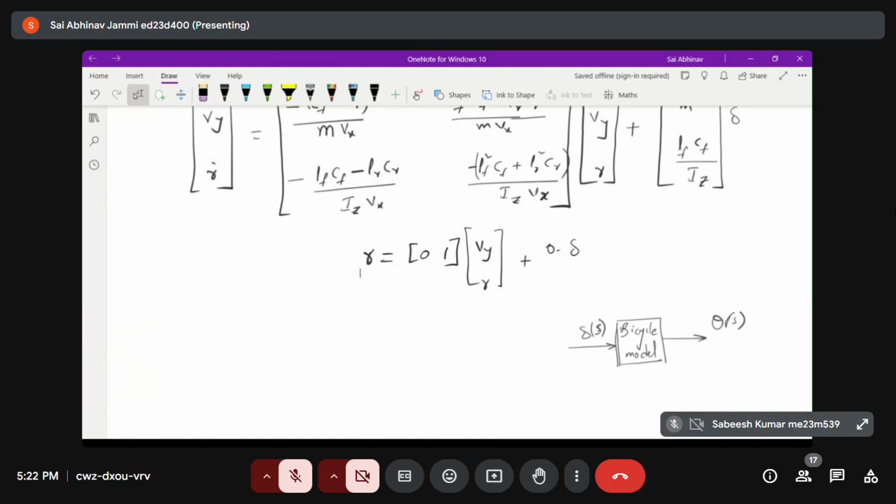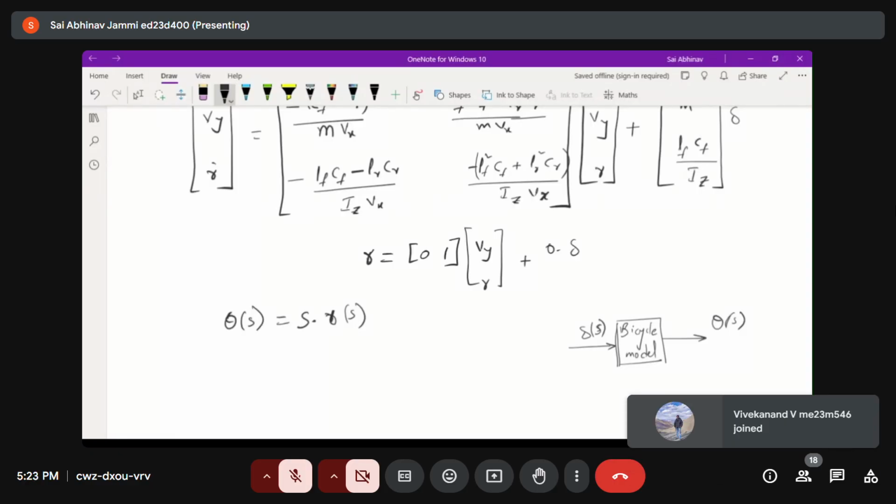Once I get the transfer function of R, integration in terms of Laplace will be, I can just do theta of S will be S into R of S, right? So now, oh, I'm sorry, it is reverse.